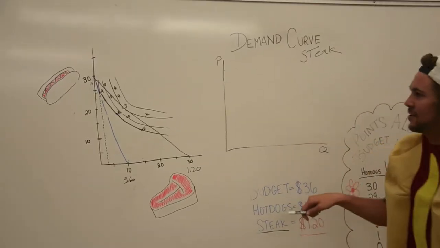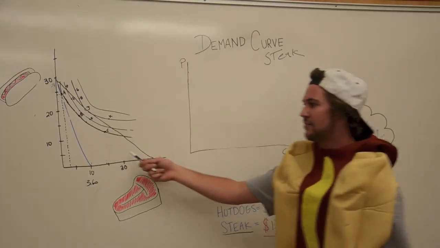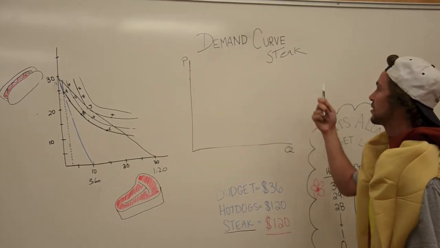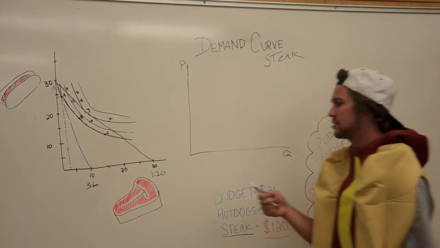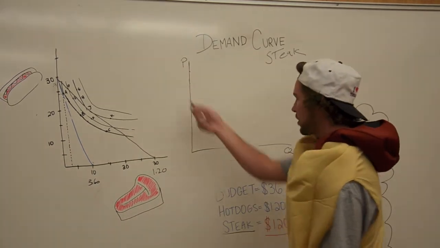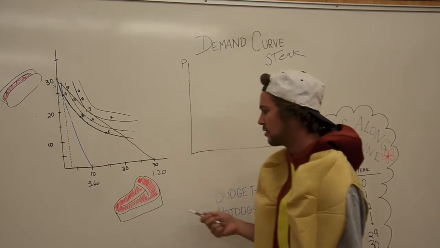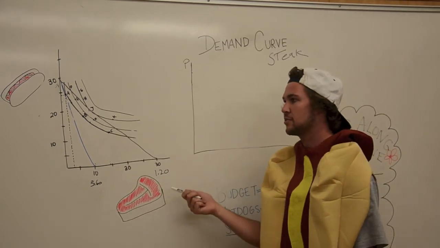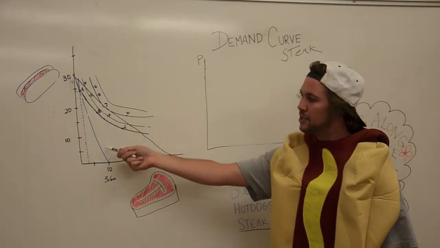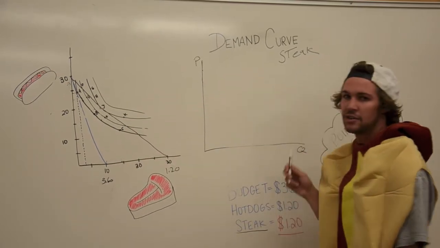So I'm going to be talking about this graph here and transferring over to a demand curve of steak. We start with our price and our quantity. And now that we have a change in price and quantity with our first budget line, we can show it on our demand curve.